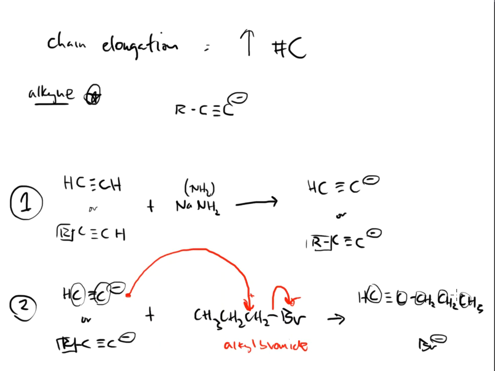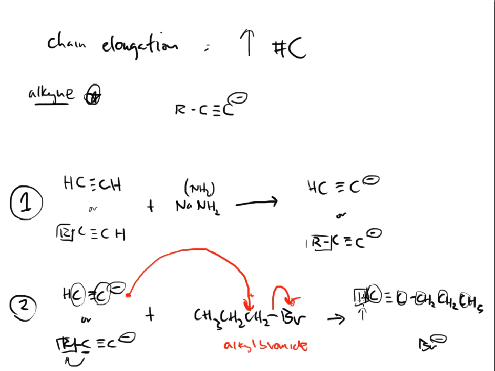We've done it on the rules of acid-base with step number 1. And then we did it on the rules of nucleophile and electrophiles on step number 2. And really, kind of honestly, they're the same. Well, the other choice would have worked the same way, just whatever else was here on this particular carbon for that R group, well, that is just what would have been attached here as well. There is no difference here.